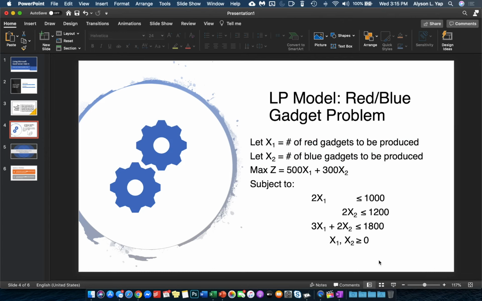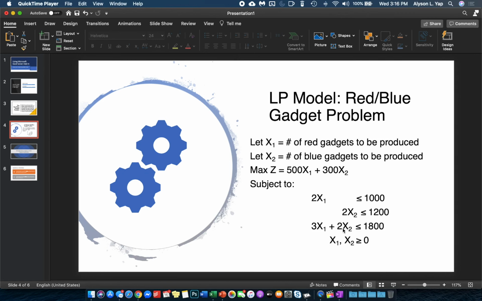So going back to the model, if we increase this 1,000 up to 1,200, there will be some reallocation of the labor units. Instead of producing 150 blue gadgets, it will decide to reduce the production of blue gadgets and move all the labor units to the production of red.